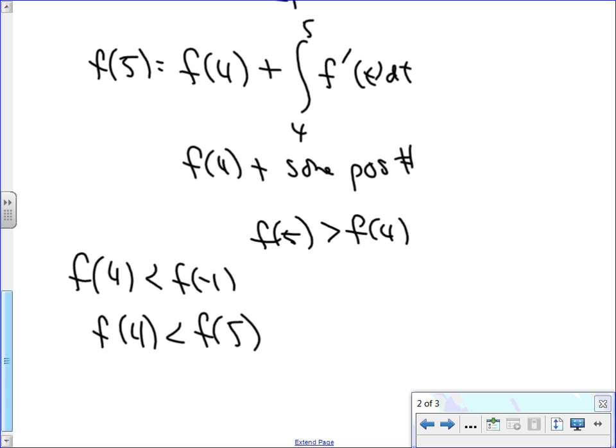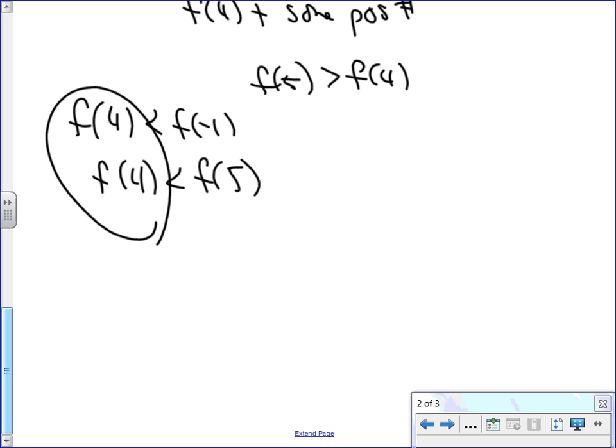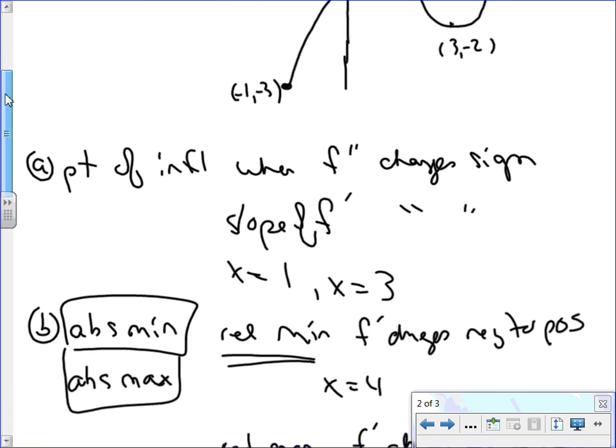So right here, at this point, I can definitely say x equals 4, where that happens, absolute min at x equals 4. We good? Okay. This does not tell me which one of these is bigger. How am I going to tell whether f of negative 1 is bigger or f of 5 is bigger? Anybody got any ideas?